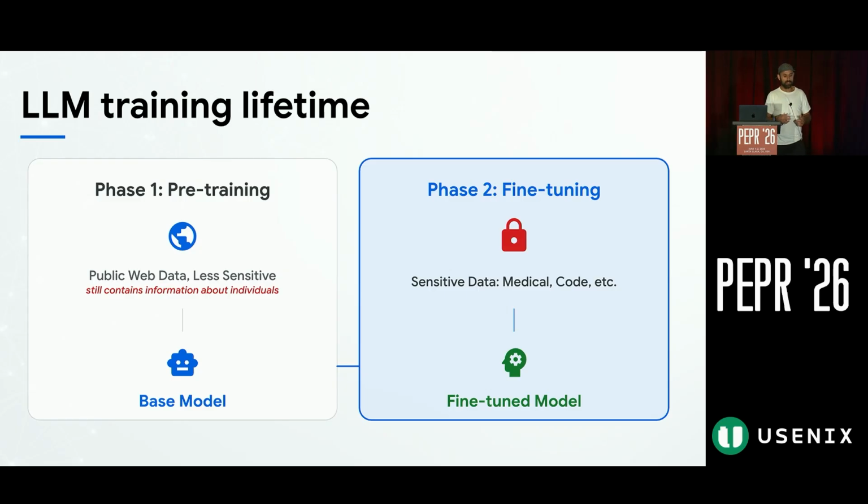It might be instruction following, code data, medical data, or emails if you want your LLM to produce better emails, just whatever you want. This is much more targeted, and usually the data here is very sensitive. It would be owned by some organization or private individuals, and you wouldn't want to leak this data into the models.